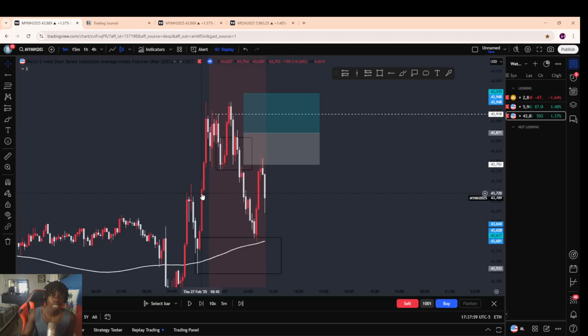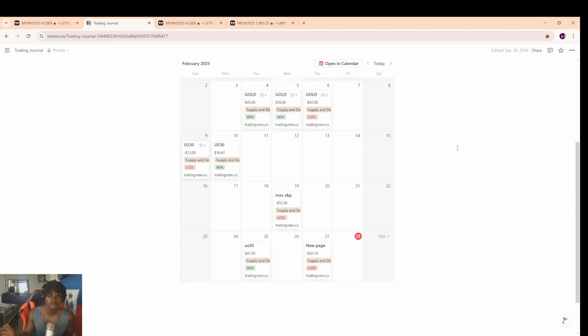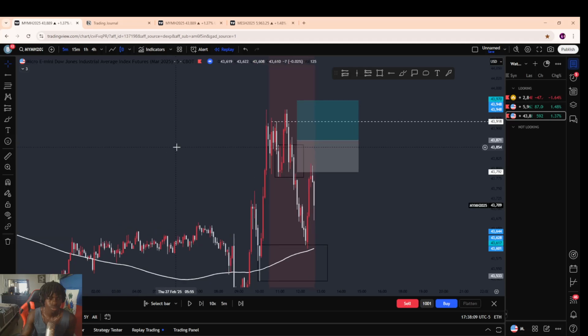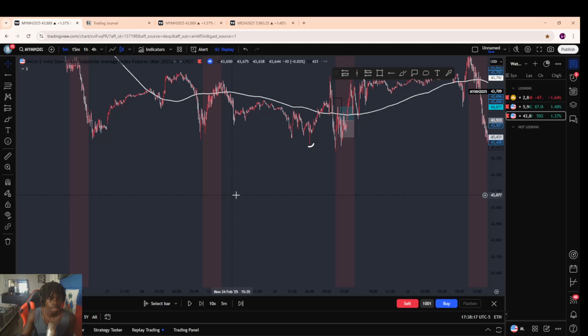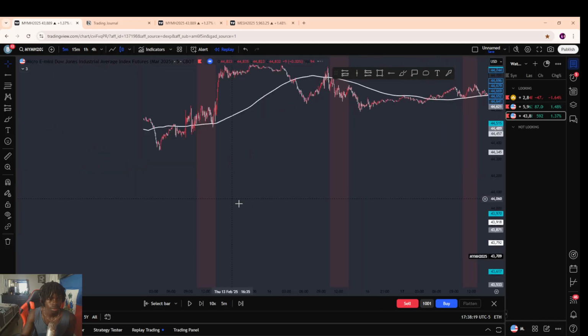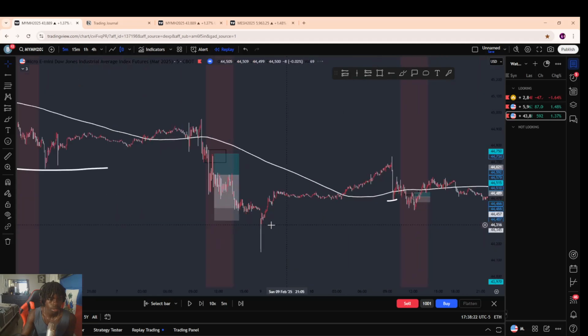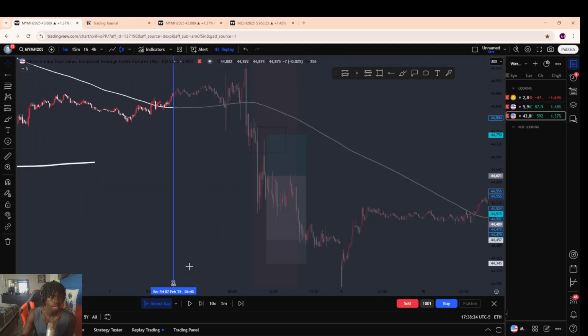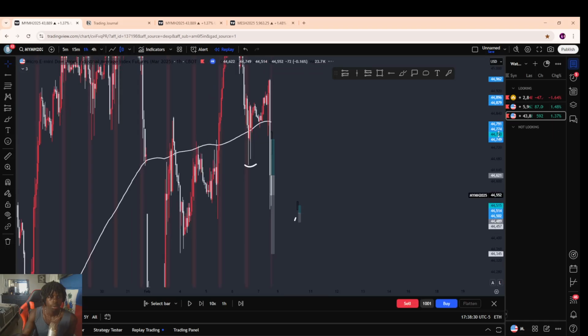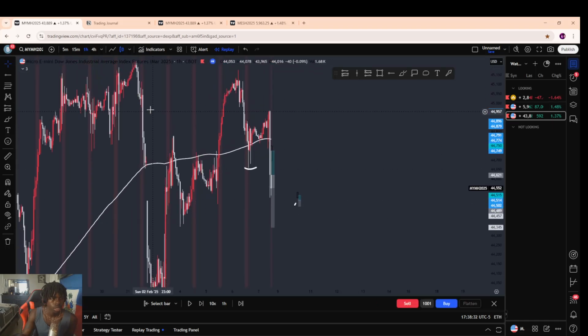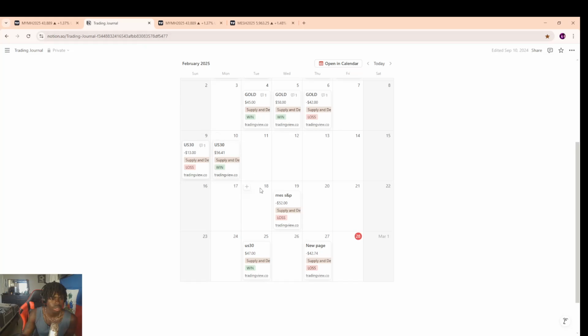But yeah, that was all the setups I took this month. This month was pretty good to me. The only thing I can say for this month is just be more careful on the 1 hour, let me go back and find it. Yeah, for this setup right here, how we were in that 1 hour gap. Was it this setup? No, this one I lost.